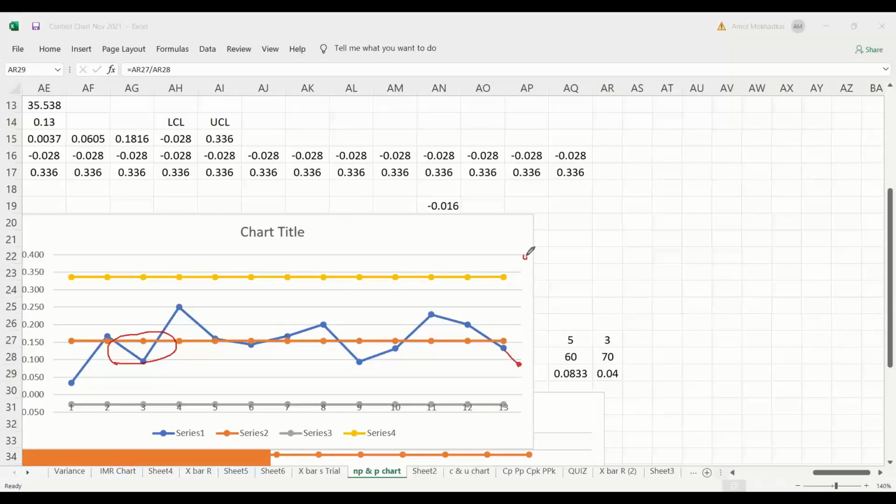Now when you get this, it is out of control. Something has happened, some special cause. Why are there so many defects? You need to find out. Sorry, it is 0.04, not 0.4.